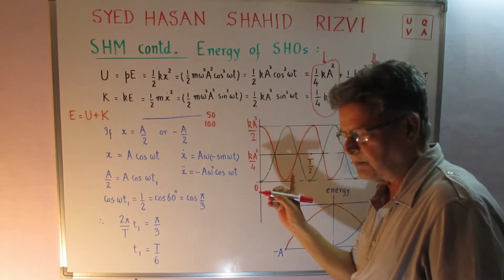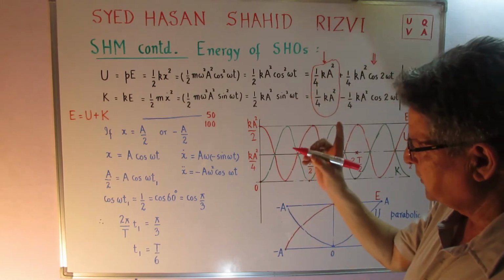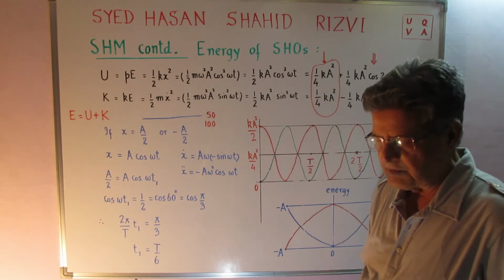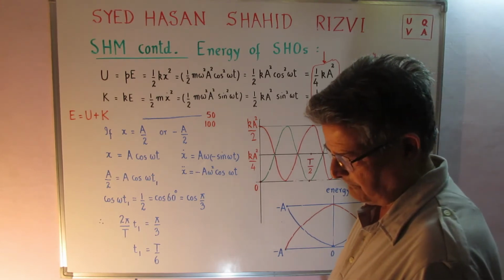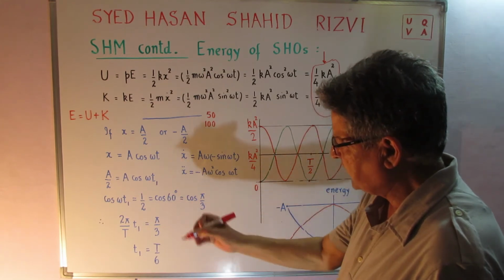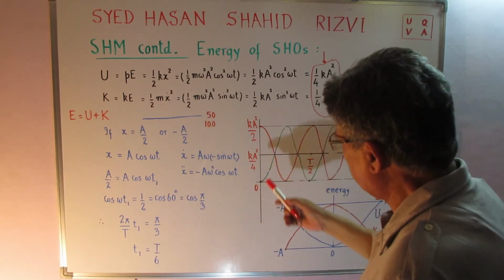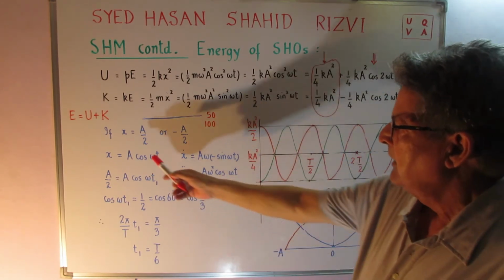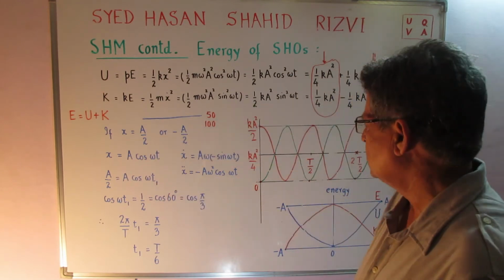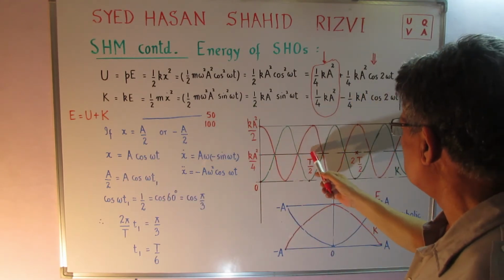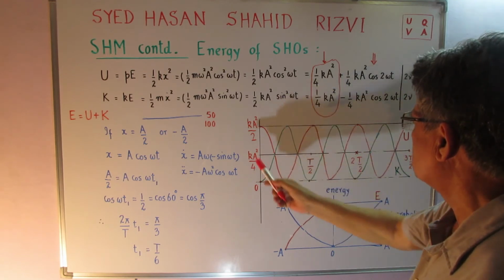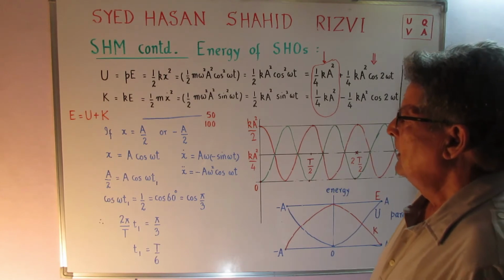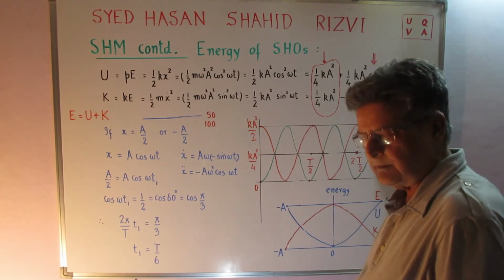I'm not drawing that plot because other things will be disturbed, but you have the liberty of using hard pencils, sketchbooks, and you can plot another graph which will show you the original x is equal to a cos of omega t, where the time period will be equal to T by 2 plus T by 2, which is equal to T, and the frequency will be half of this frequency. This is done and we understand.